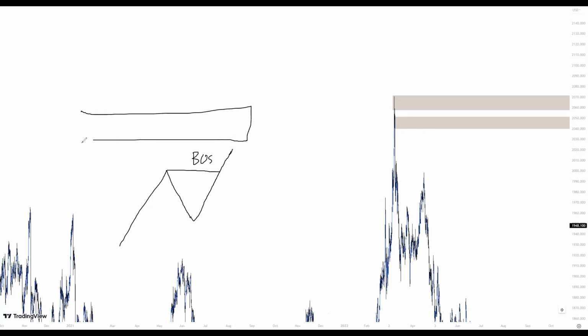Probably say the price was there. Now you mark this area, and this is going to be your point of interest.